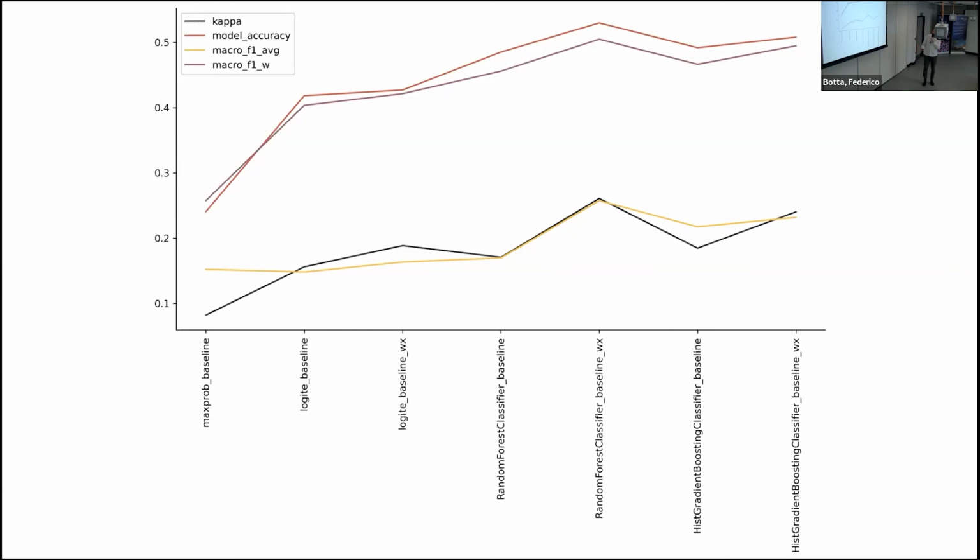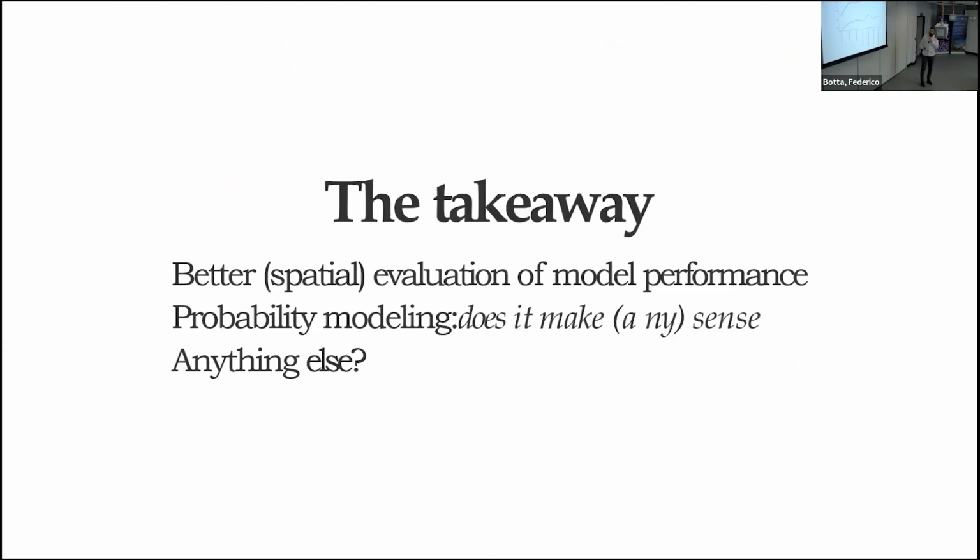Every time we look at a single model, we have the model which looks only at a single chip and the one which looks at the chip and its neighbors. And you always see that there is a bump when we include the spatial information. How big the bump is depends on the model, but it makes us very positive about this approach. And within a couple of weeks, we hope to deploy it to the whole country to get a better sense of how this actually works.